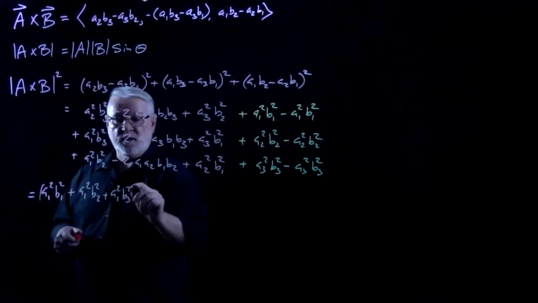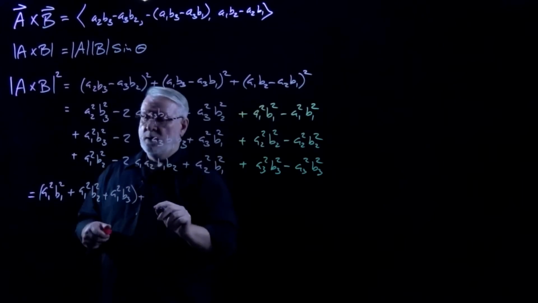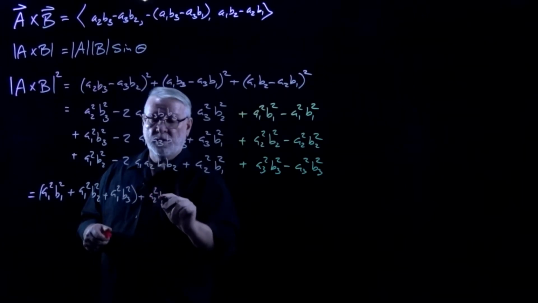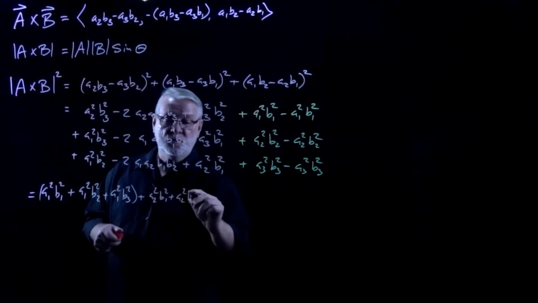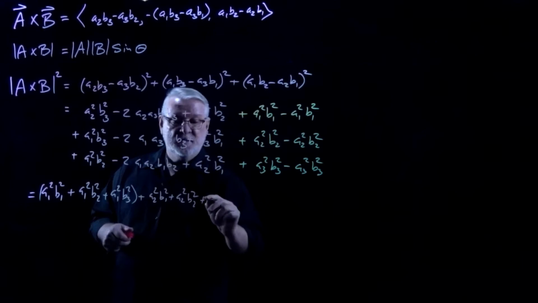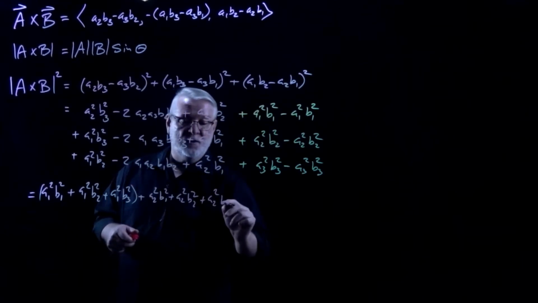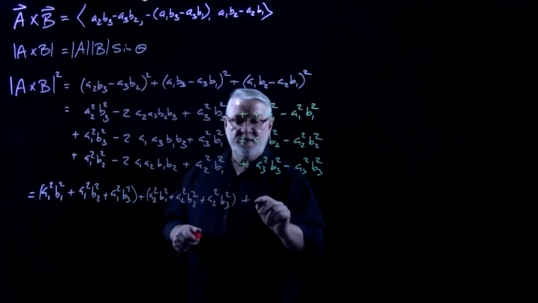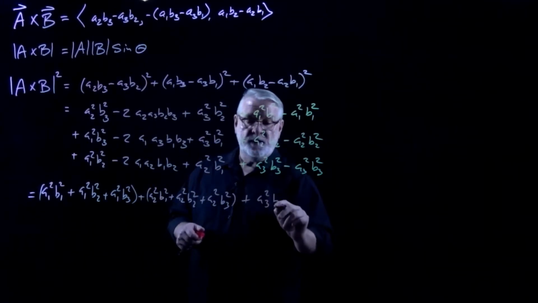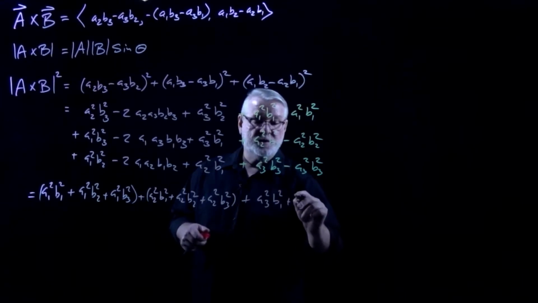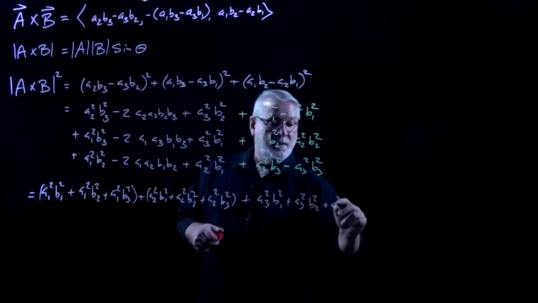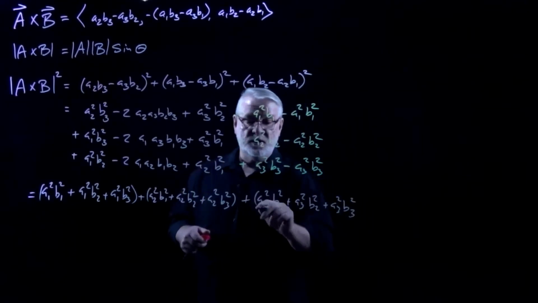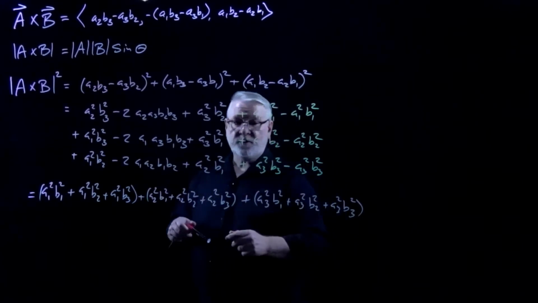And you can take a look at that to see the common factor, plus A2 squared B1 squared plus A2 squared B2 squared plus A2 squared B3 squared. And again, you can take a look at that for its common factor, plus A3 squared B1 squared plus A3 squared B2 squared plus A3 squared B3 squared. And you'll see that this one also has a common factor.